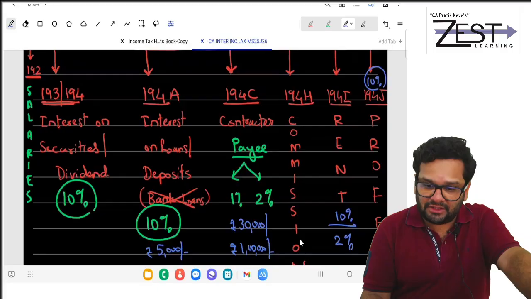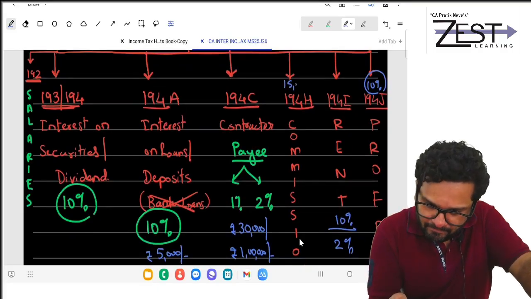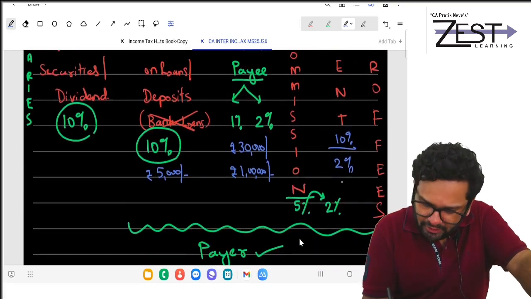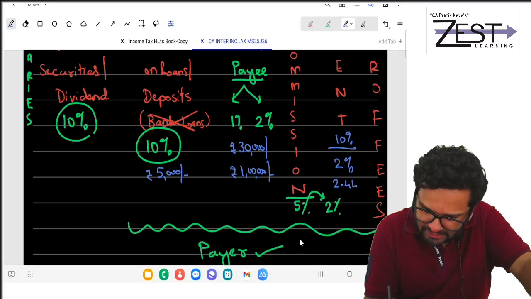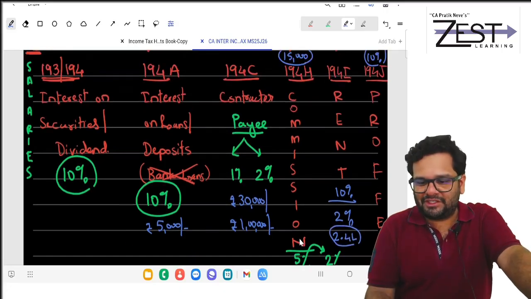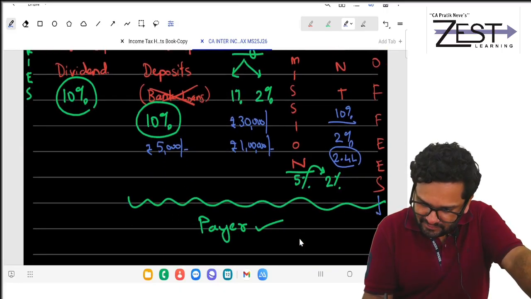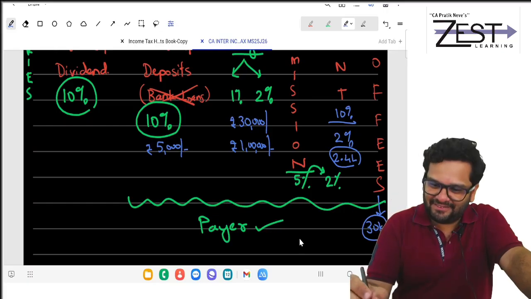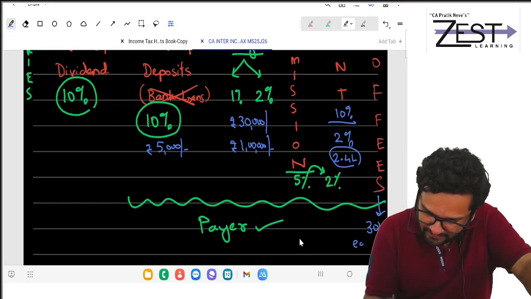Commission 15,000. Rent 2.4 lakhs. Professional fees 30,000 each. If you can write that word each, that will be fantastic.